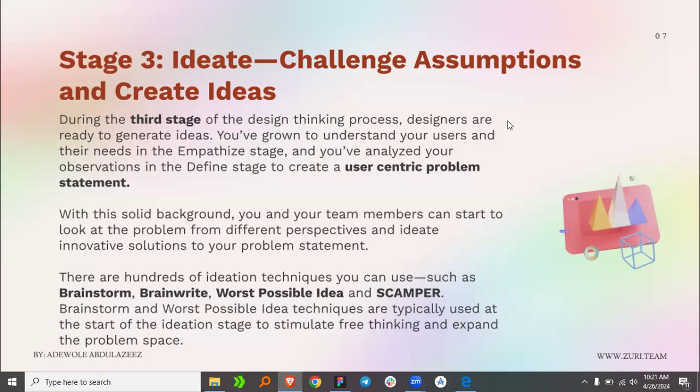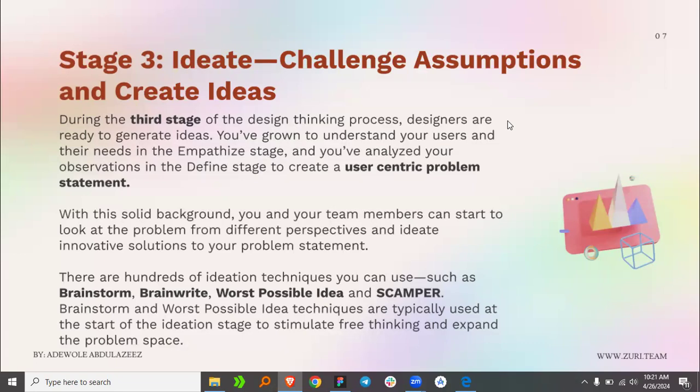Okay. So then brainstorming, brain dumping, brain writing, which involves you writing it down to generate ideas. Then brain walking, which involves you walking around, thinking about, okay, what can I do? How can I solve this issue? Just walking around. Things like that, then brain writes, what's possible ideas, and SCAMPER.